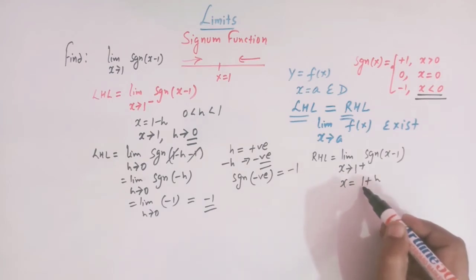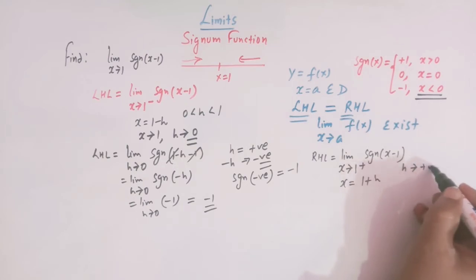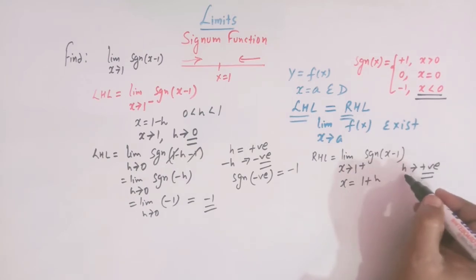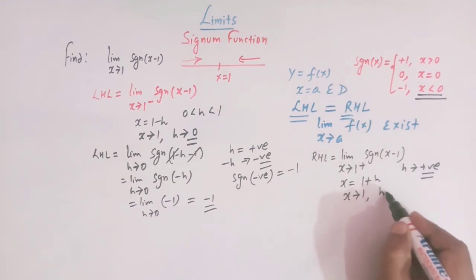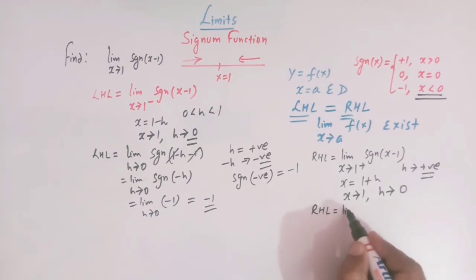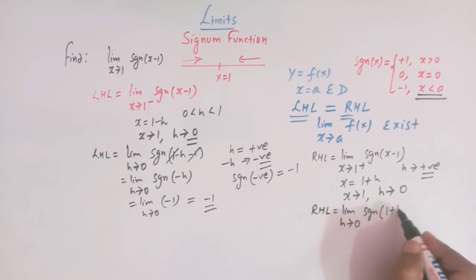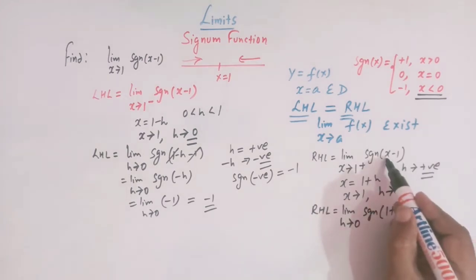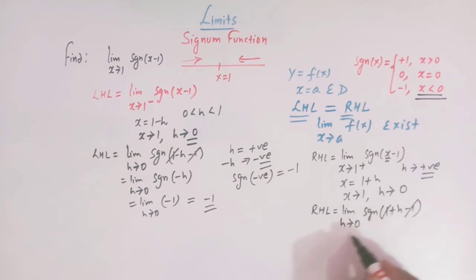That's why we have 1 plus h, and h is a positive quantity here, and it is a very small quantity, right? So now when x tends to 1, h tends to 0. So the right hand limit is equal to limit h tends to 0 of signum of 1 plus h minus 1. So this x is now replaced by 1 plus h. This -1 and 1 get cancelled. We are left with limit h tends to 0, signum of h, right?